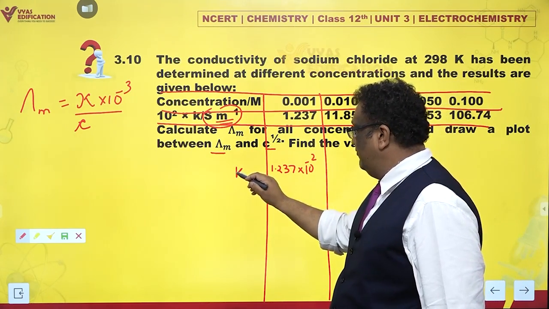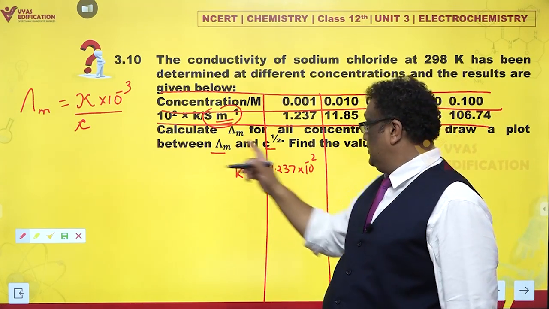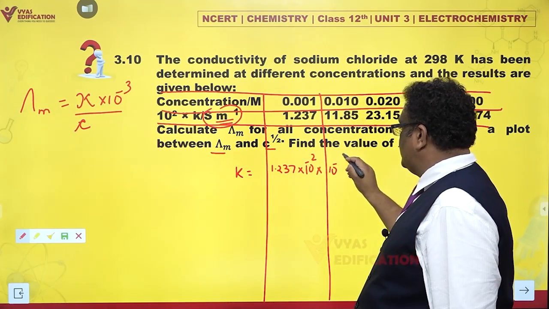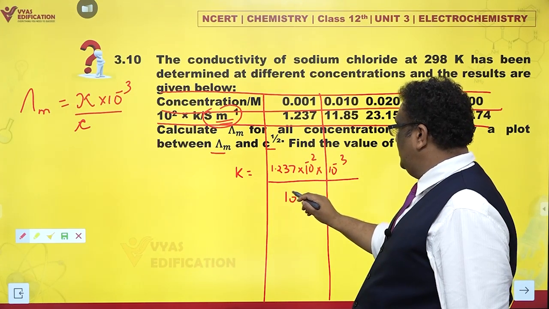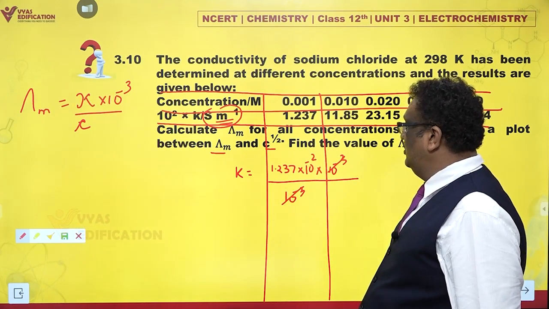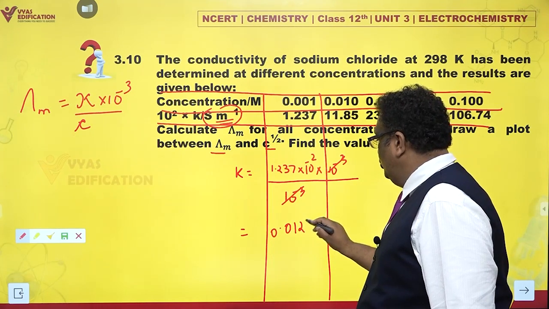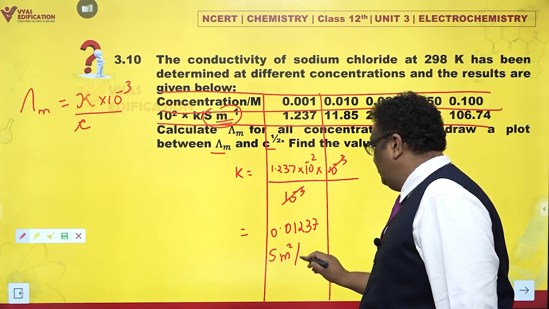So kappa itself would be equal to 1.237 into 10 raised to minus 2. That multiplied by 10 raised to minus 3, divided by concentration, which is 10 raised to minus 3. That cancels out. So I get 0.01237 Siemens meter square per mole.